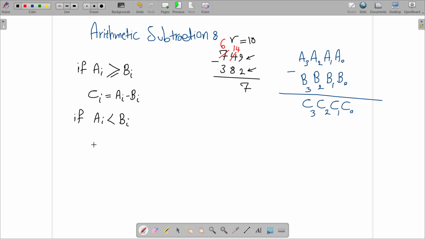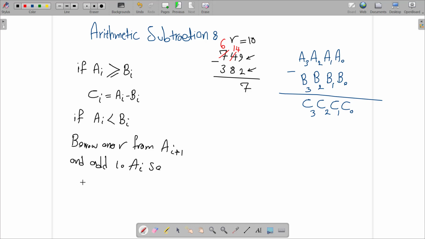Now I write the same thing. I say that if Ai is less than Bi, borrow 1 r from Ai plus 1 and add to Ai.